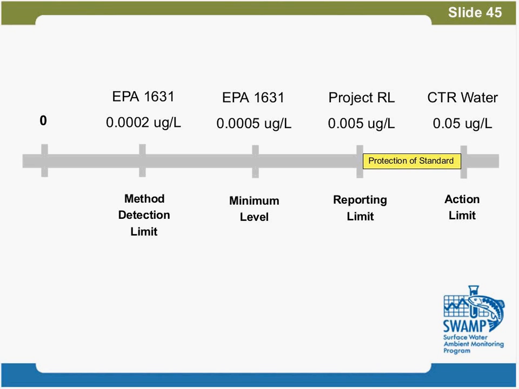The reason that I really like this area here is that now we're protective of a standard. We have room for protection, whereas if we set our reporting limit right at the California Toxics Rule numeric number, then we wouldn't have that level of protection of the standard.